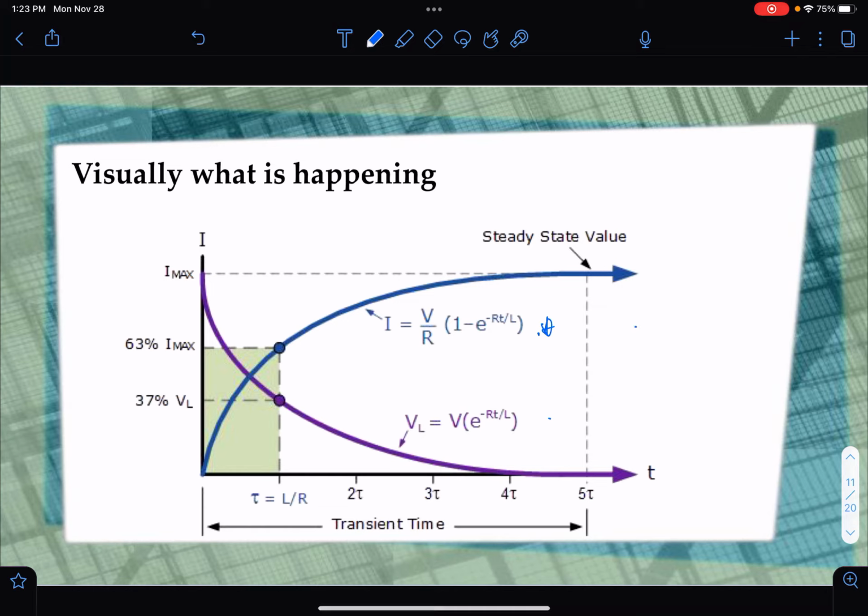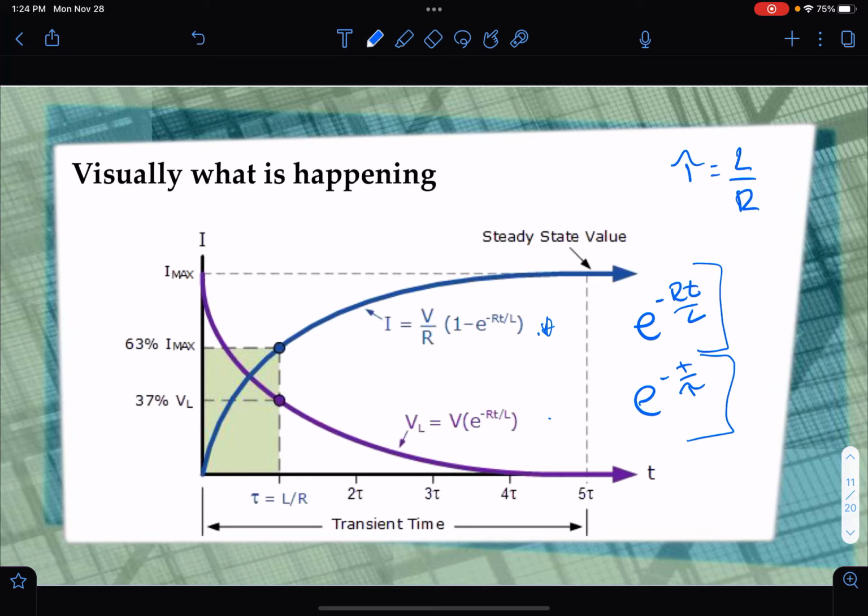Just so you know, this e to the negative Rt over L is the same as e to the negative t over tau, because for an inductor, tau is L over R. So if we're doing t over tau, and tau is L over R, then it's t over L over R, so that's where the R comes up to the top. Please make note of that, or if you already have your tau, you don't have to use the R and L again, you can just use tau itself.